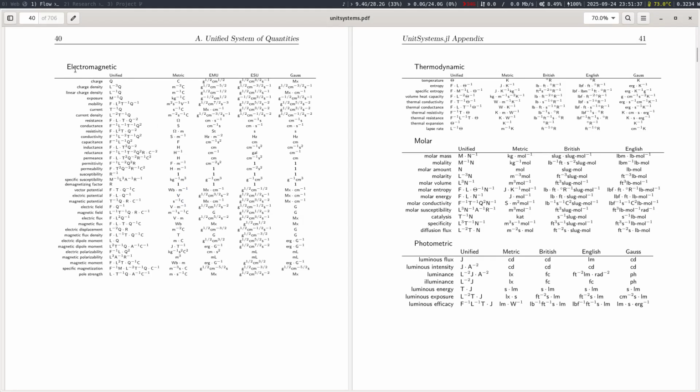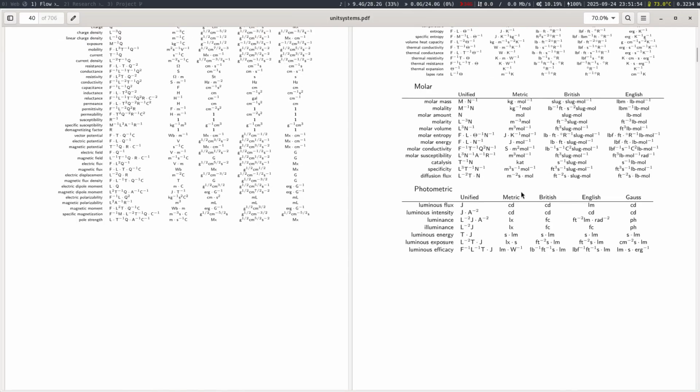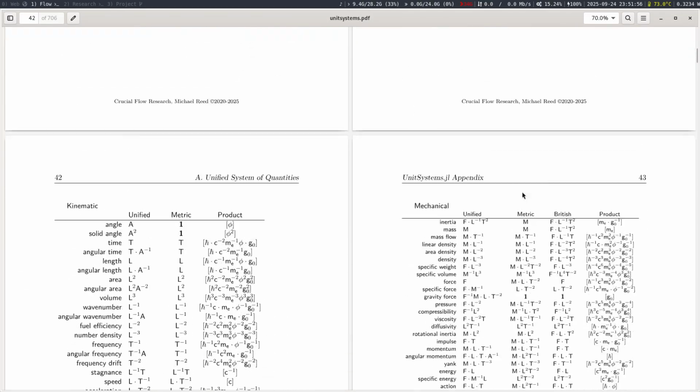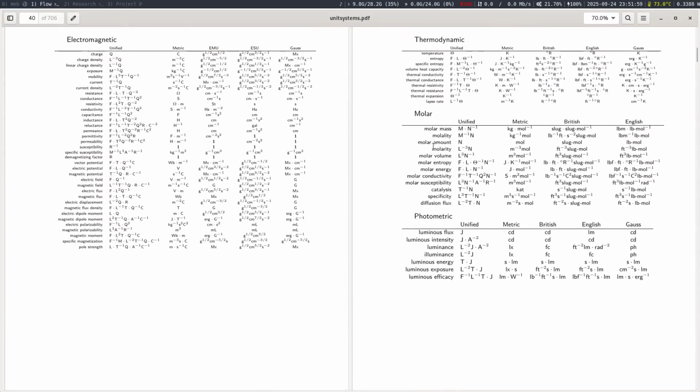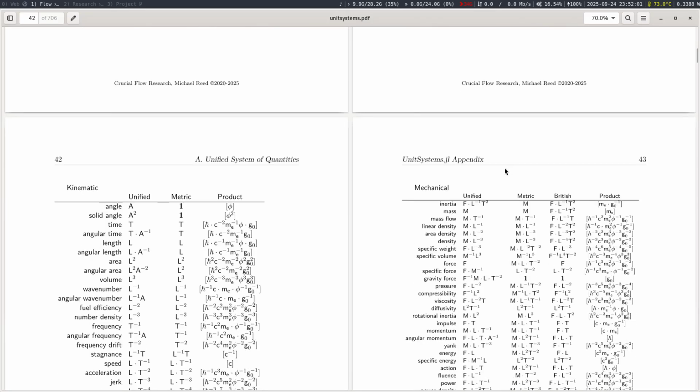So I generated all these tables with my unified unit system. I standardized all these things so that these tables can be created, and all this is the programming. I programmed it, you know what I mean?